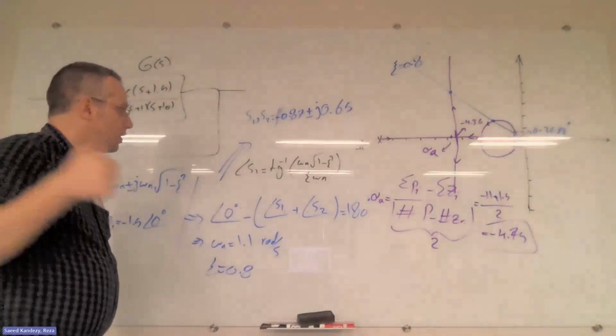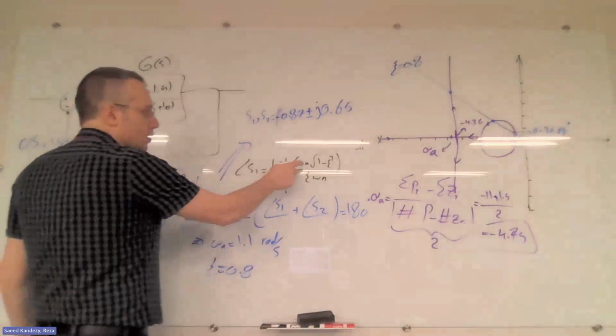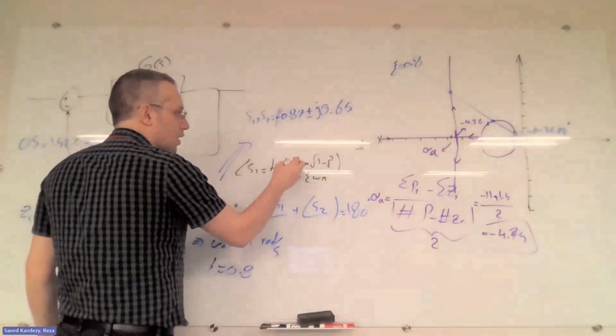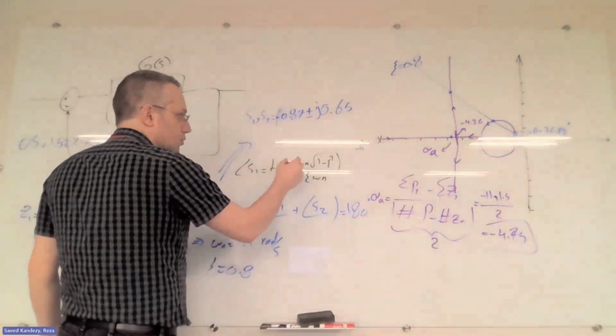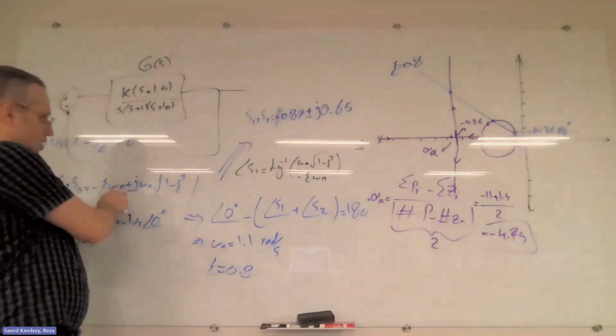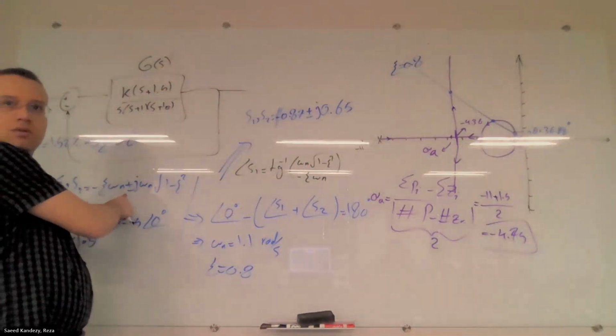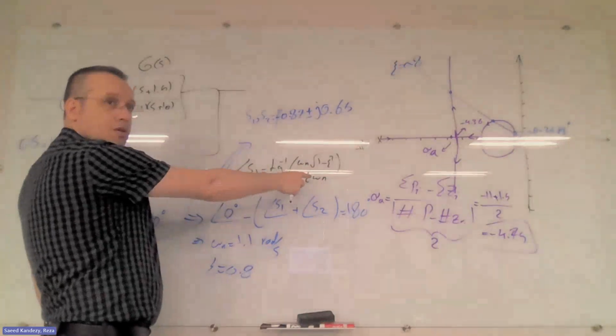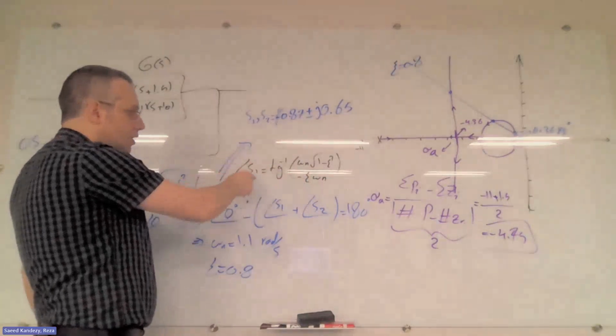The next one, S2, is also minus. This is plus minus, right? So you have two tangents.